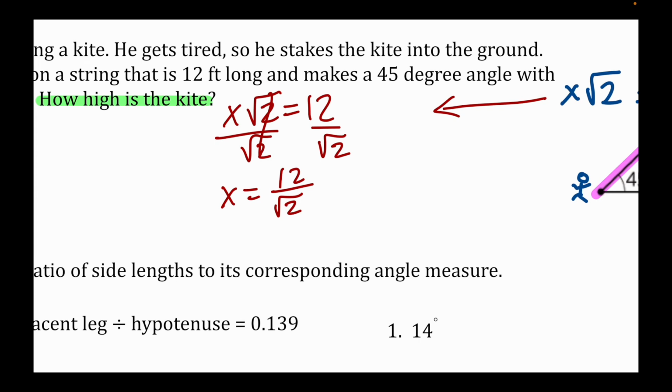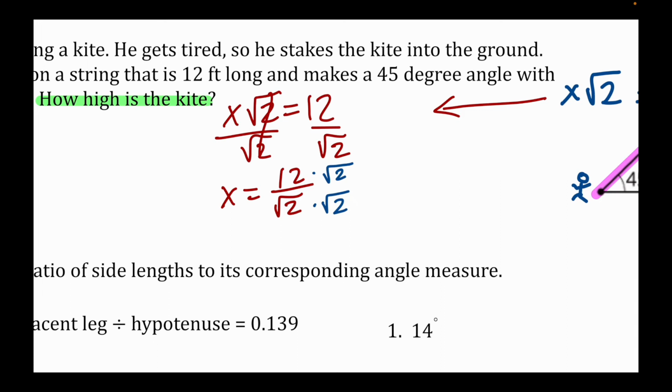Honestly, if you get it to this point, that's good. It is always good to what we call rationalize our denominator, meaning make that into a nice number that's easier to imagine us cutting something into pieces, or just making a rational number out of our denominator, generally a whole number.